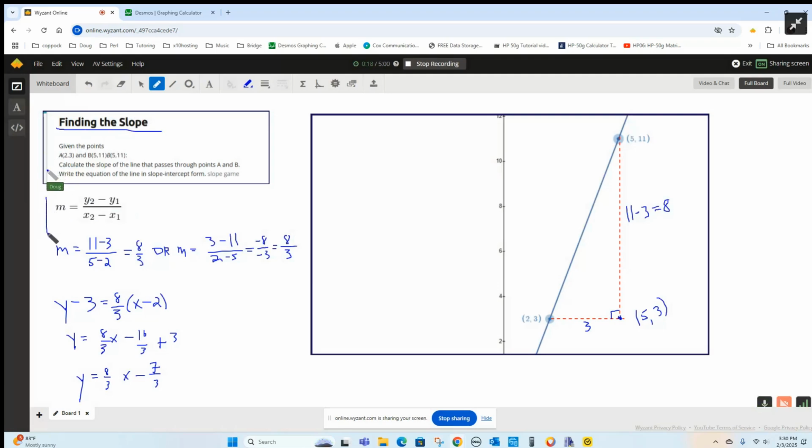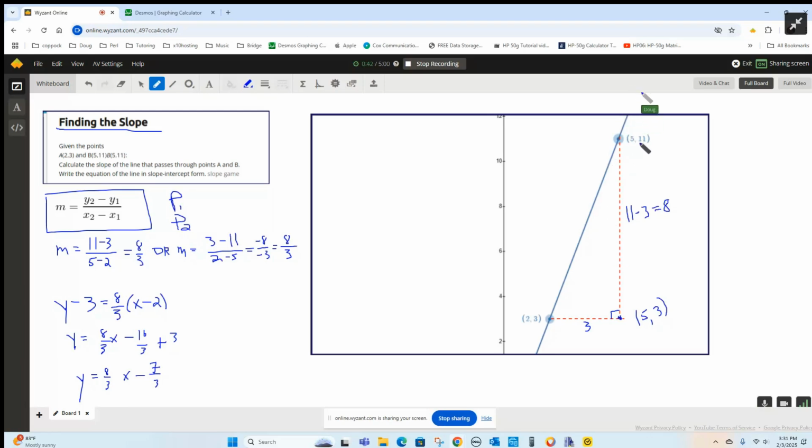So this is the slope formula for finding the slope between two given points. You are allowed to designate either point as point 1 or point 2. And so if we have the points (5, 11) and (2, 3), this is the run. So slope is rise over run.